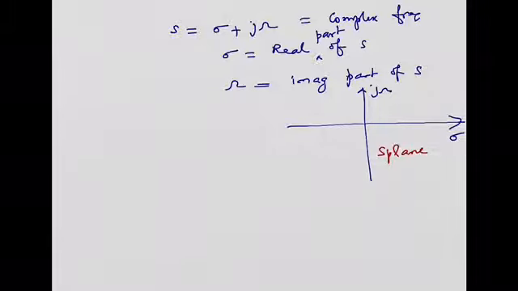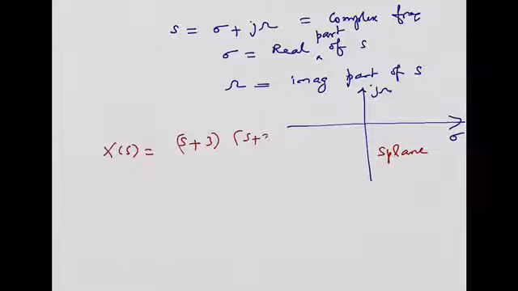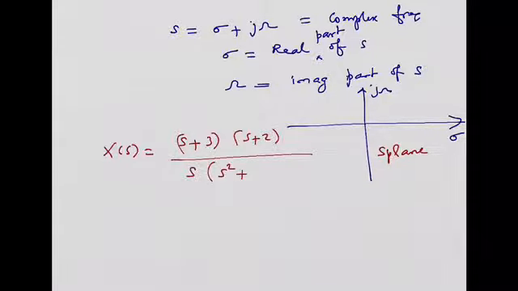I have a function X(s) equal to (s plus 3) multiplied by (s plus 2), the whole divided by s multiplied by (s squared plus 6s plus 13).